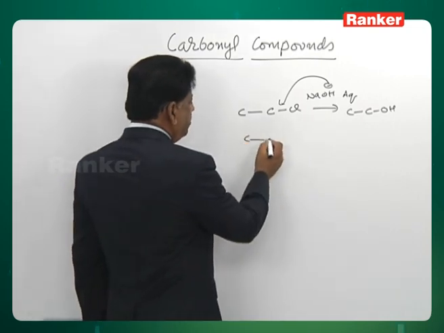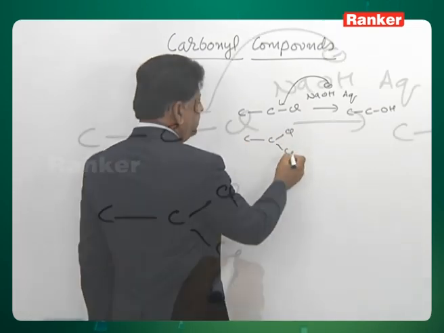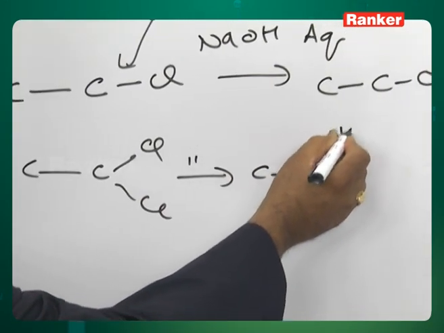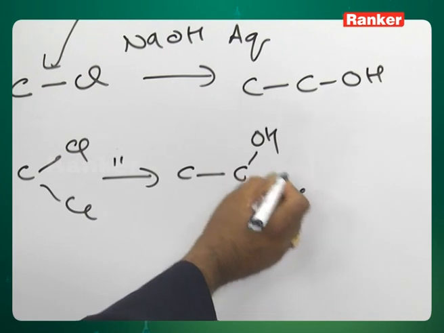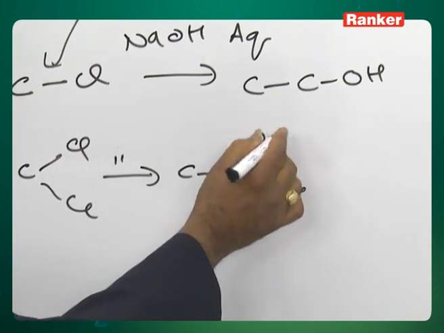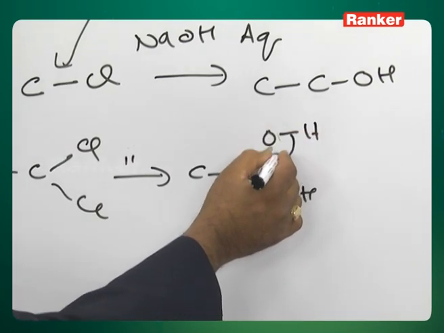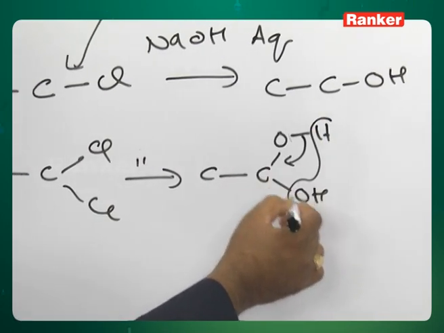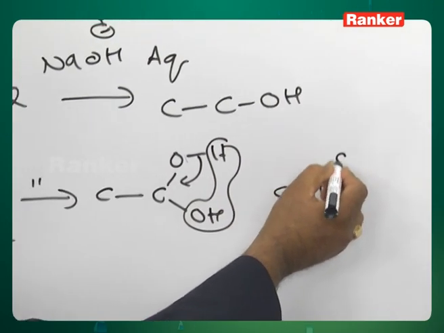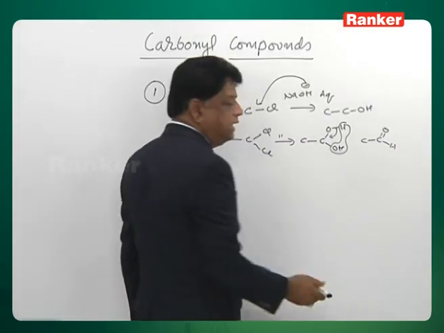If the halogen compound has two halogens, naturally two OH groups come on the same carbon, which is not possible. So elimination takes place, that is the bonded electrons will come here, make a double bond, and HOH will be eliminated. You will get acetaldehyde formation. That is what is asked in this question.